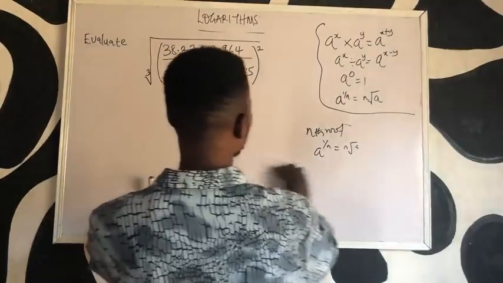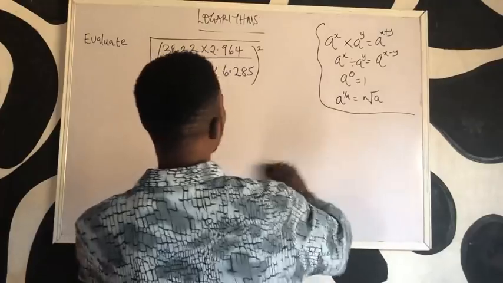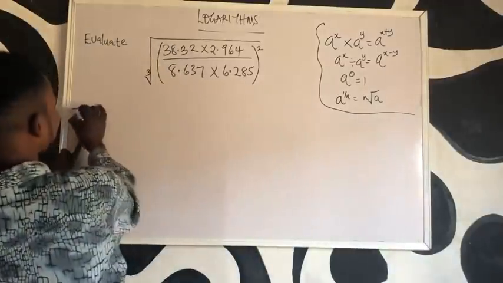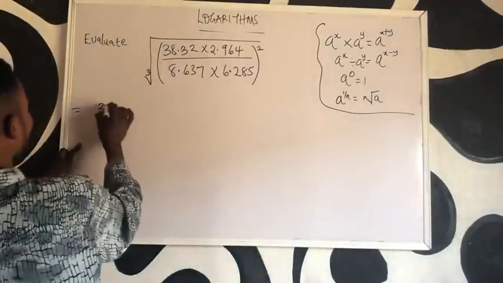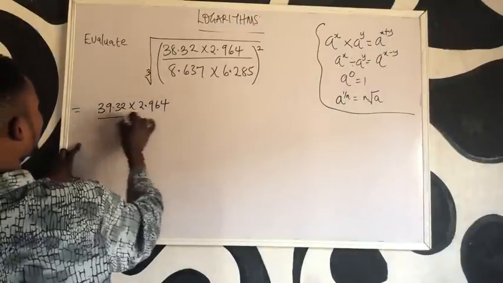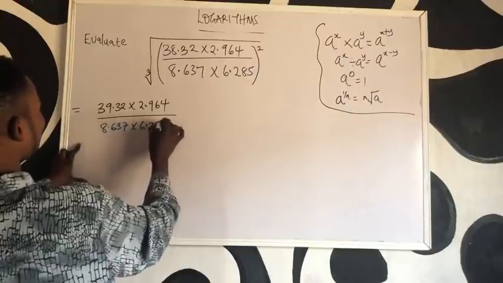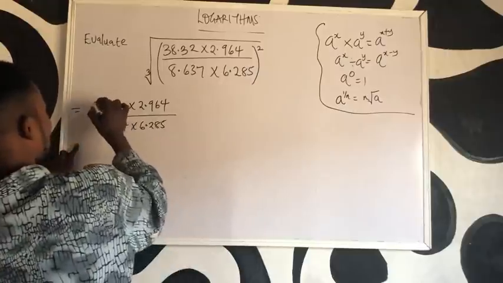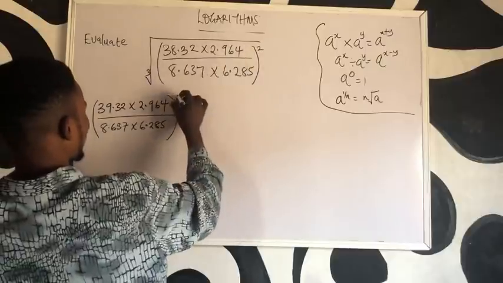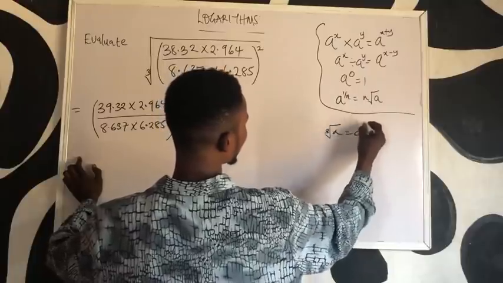Okay? So this can be written as 39.32 times 2.964 all over 8.637 times 6.285, with the square here. And remember that the cube root of a is the same thing as a raised to 1 over 3.